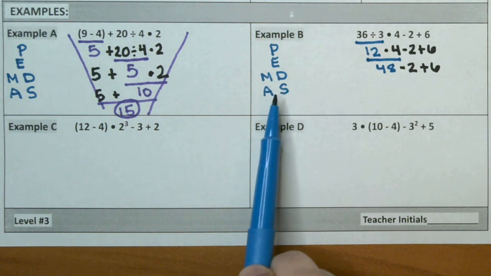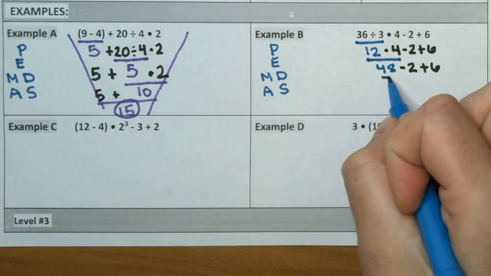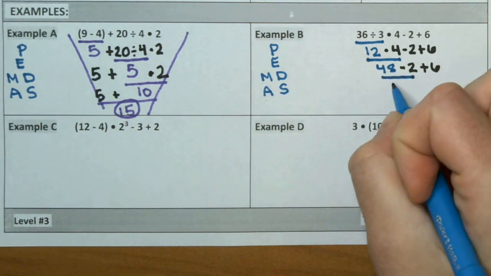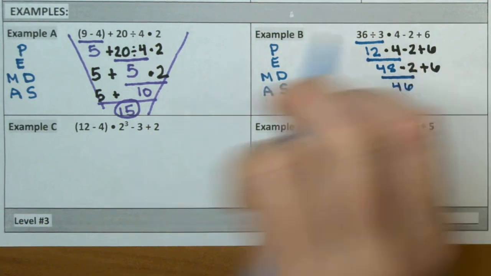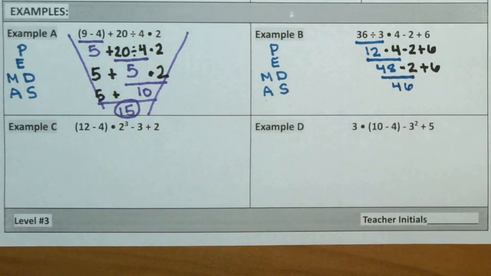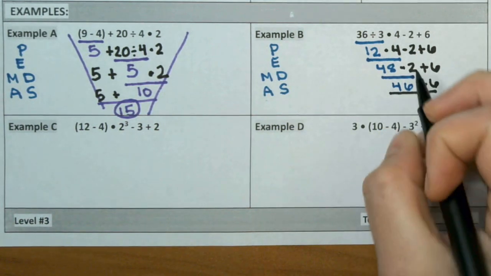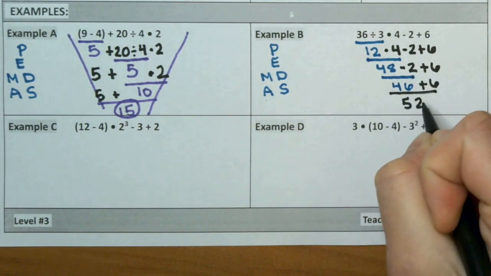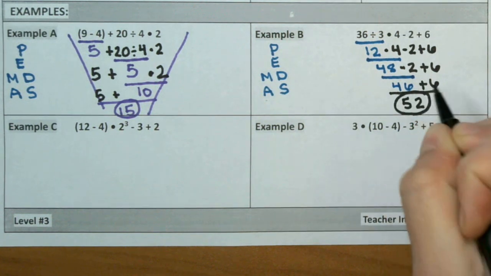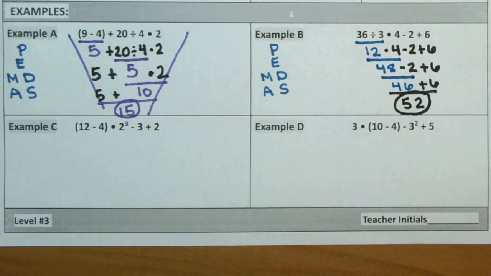That's why we write them next to each other. Subtraction came first. 48 minus 2 is 46. And I'll bring down the plus 6. And then our last step, 46 plus 6 is 52. Go ahead and complete C, then come back to the video to check your work.